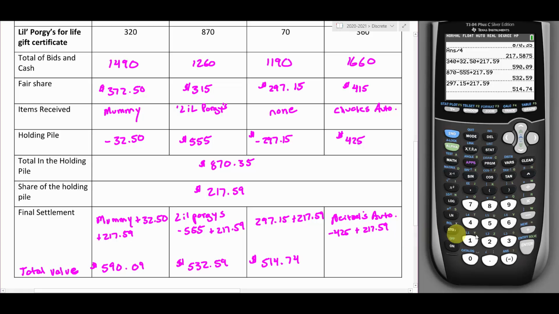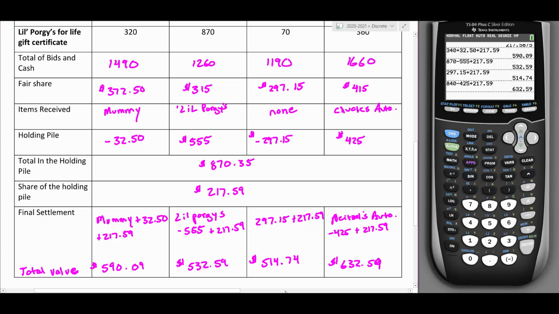Remember, Mr. Neitzel's autograph was worth $840 according to Jackson, and then he paid the $425, and then he got the $217.59 for a grand total of $632.59. Sorry. There we go. All right, that finishes it up. Everyone's going to walk away happy with what they got there because it's all worth more than their fair shares.